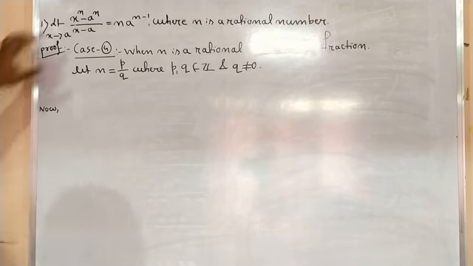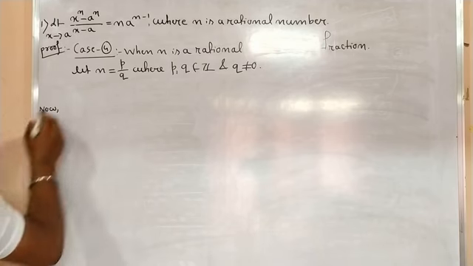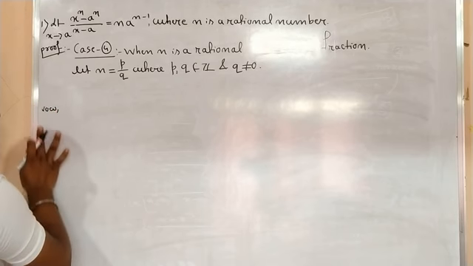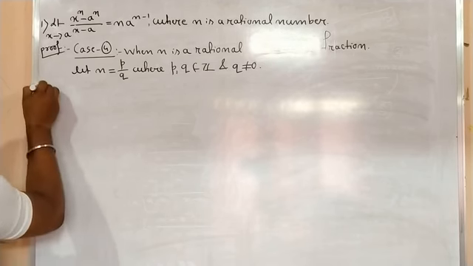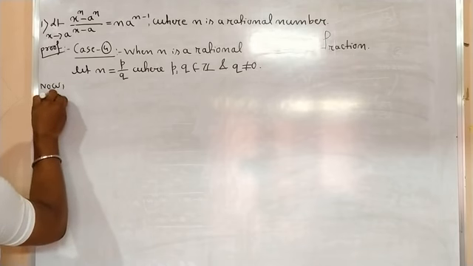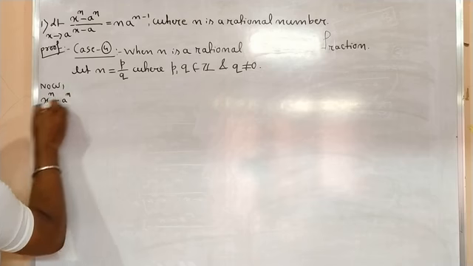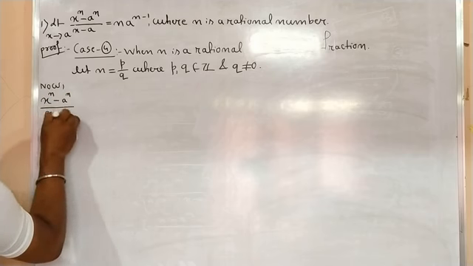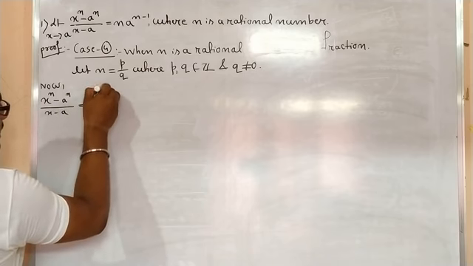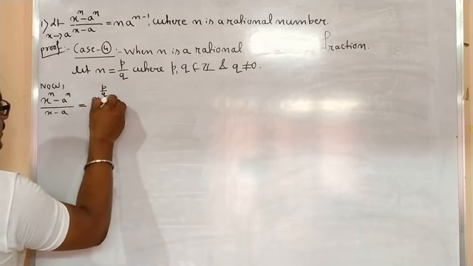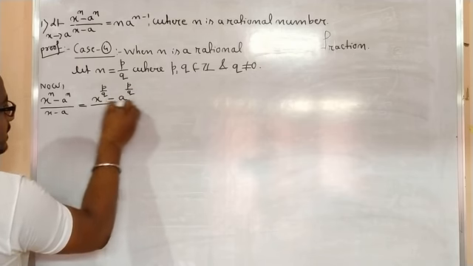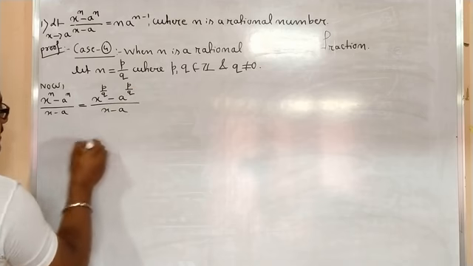Here first of all you have to estimate this. Now, x to the power n minus a to the power n by x minus a. N can be written as p by q, so this is x to the power p by q minus a to the power p by q divided by x minus a.